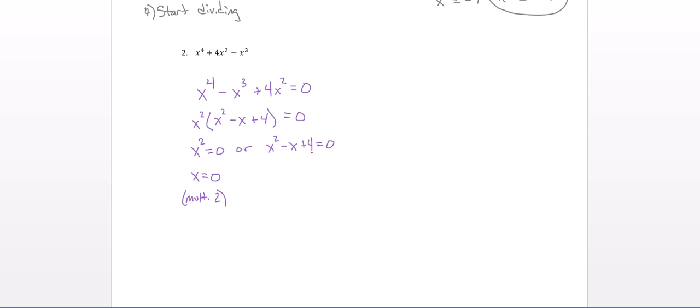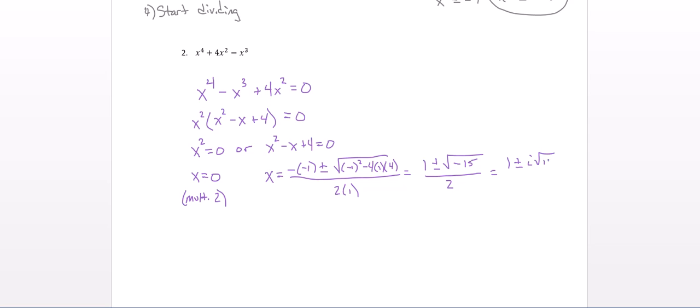To find this 0, that doesn't look like anything I can factor, so I'll use the quadratic formula. Negative b plus or minus square root of b squared minus 4 times a times c all over 2 times a. That's 1 plus or minus the square root of 1 minus 16, which is a negative 15, over 2. 1 plus or minus i square root of 15 all over 2.